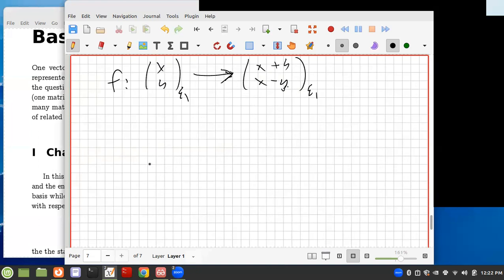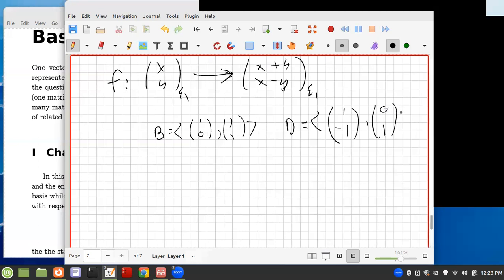So we've given this, and I've asked you, let's say you have basis B here, which was 1, 0, 1, 1, and then basis D was, say, 1, minus 1 and 0, 1, right?